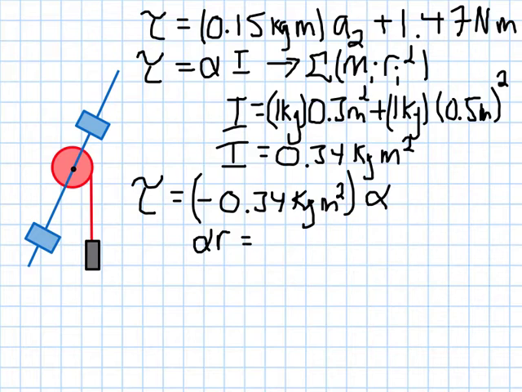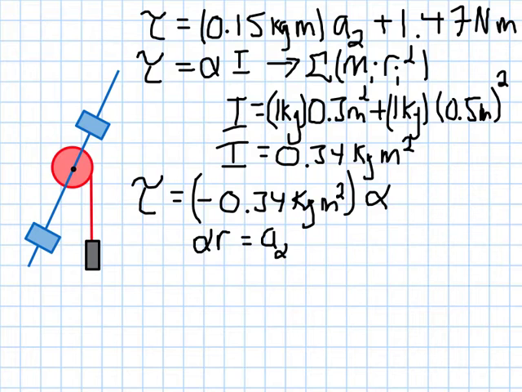This is going to be equal to the acceleration of the hanging mass. As far as the plus and minus signs go, if this acceleration of the hanging mass is downward or negative, then this alpha is negative as well, since this is hanging off of the right side of the disk instead of the left side. We don't want to cancel acceleration out of our problem. That's what we're trying to solve for.